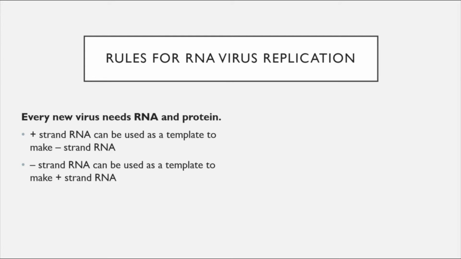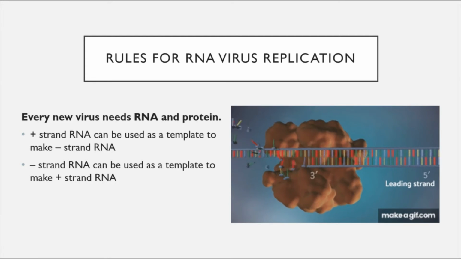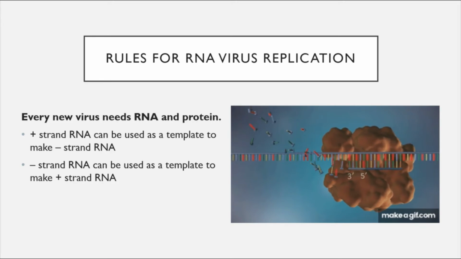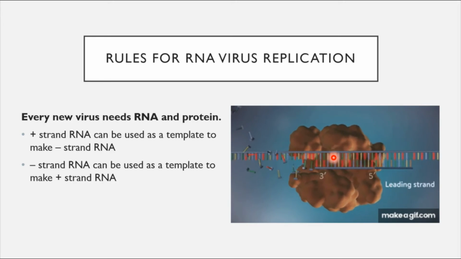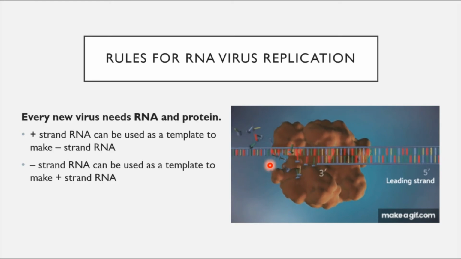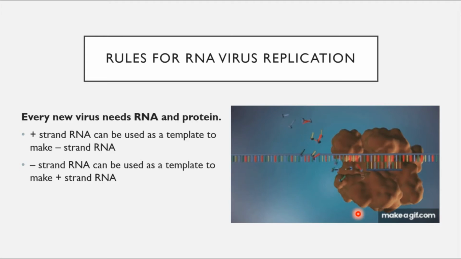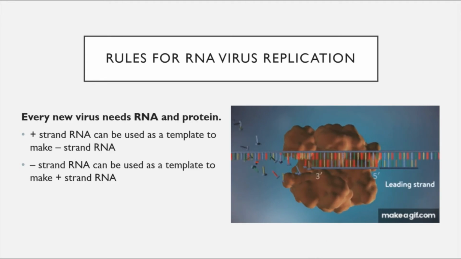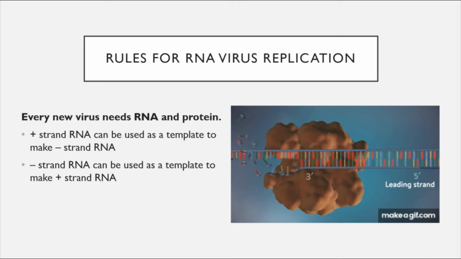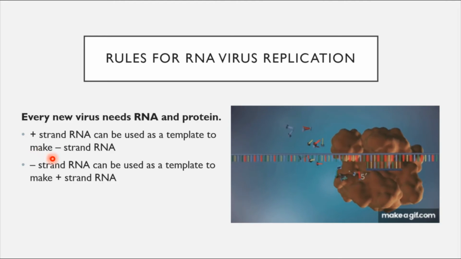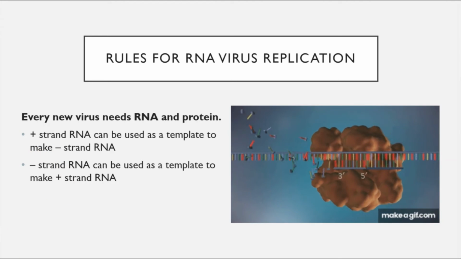The way that this works is extremely similar to the process for replicating DNA that we saw in our last lecture, where one strand is used as a template and free nucleotides are then matched up to that strand by an enzyme to create a strand that has the opposite sequence. So this can happen not only with DNA, it can also happen with RNA. Plus strands can make minus strands, and minus strands can make more plus strands.